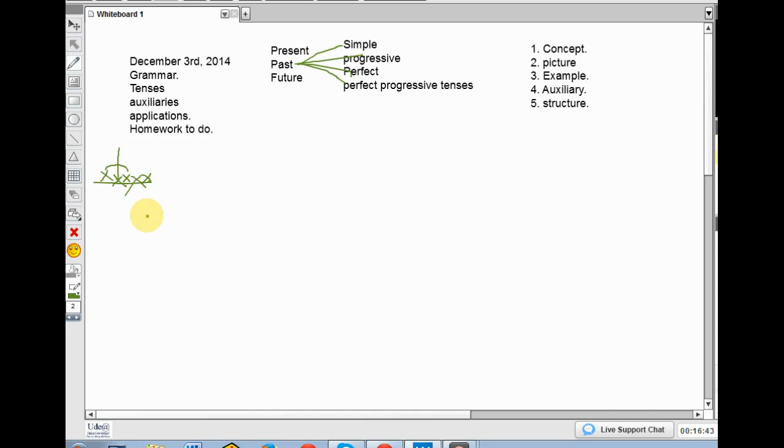So the present perfect, remember, was a tense where an action happened from the past until the moment. This is like a past before another past. You got it? A past before another past.